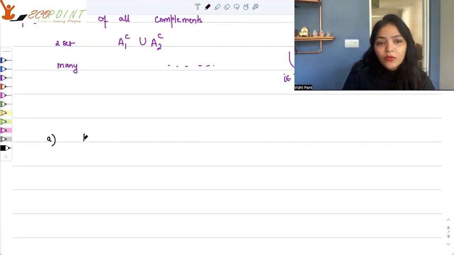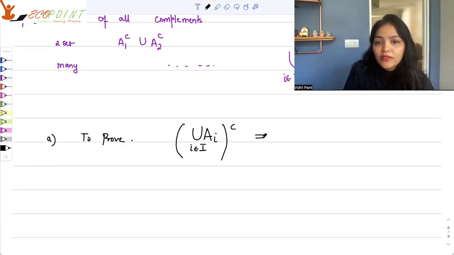First of all, state what you have to prove. Again, in A we have to prove that the complement of the union of A_i, whatever the index is, is equal to the intersection of A_i complement, i belongs to capital I, which stands for your index.